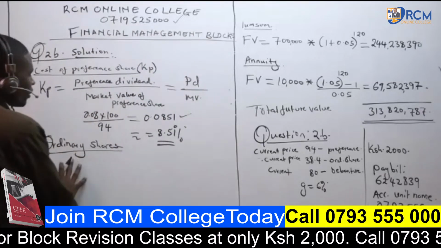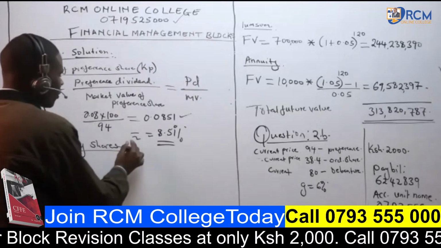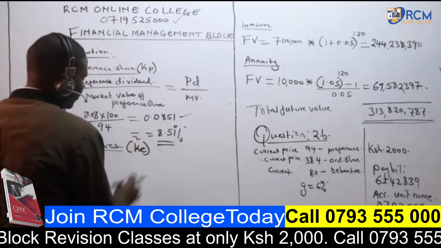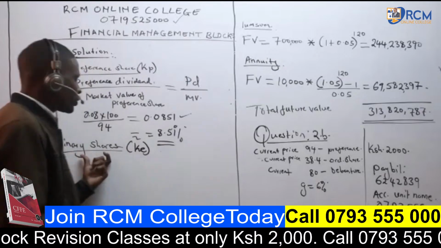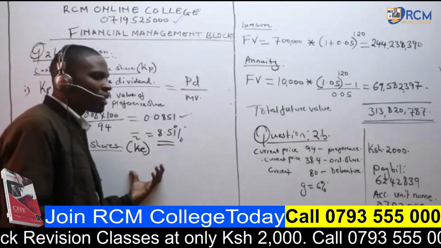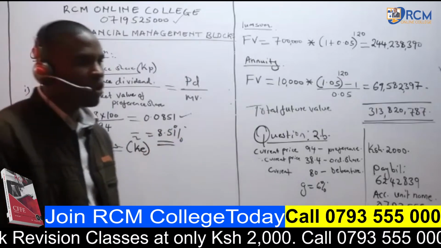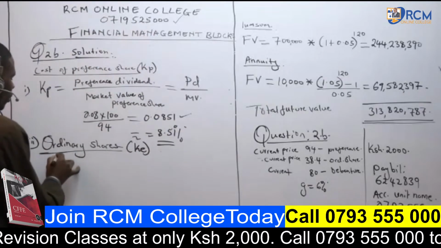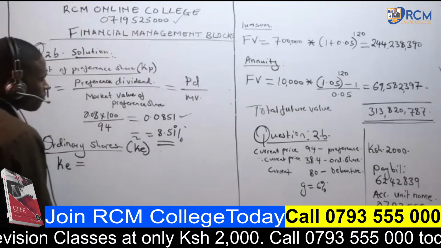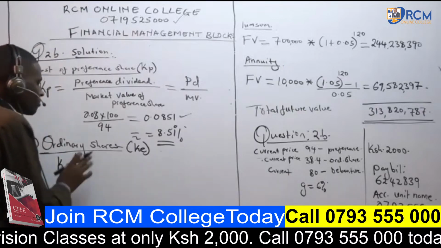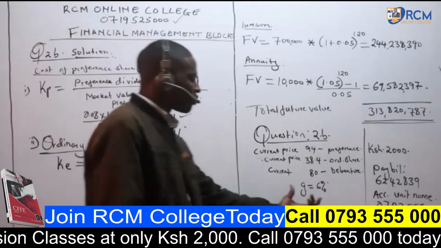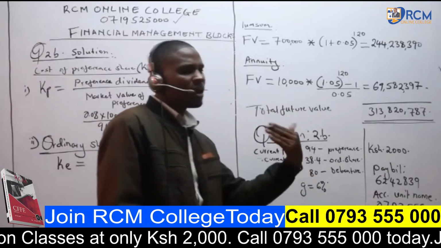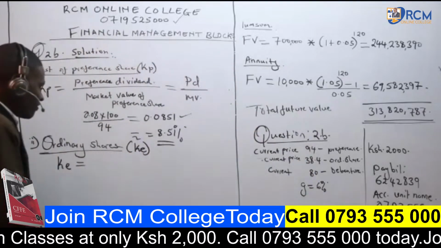So under the ordinary share, we're going to get the KE, the cost of equity. Remember, ordinary share and the retained earnings all form equity. They form the equity section. And therefore, to get the KE, if you really remember what you studied, when you see growth here, that means our dividend will be growing.